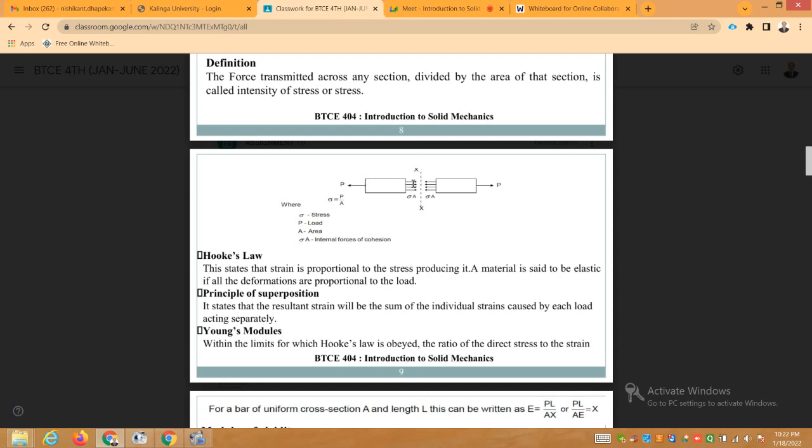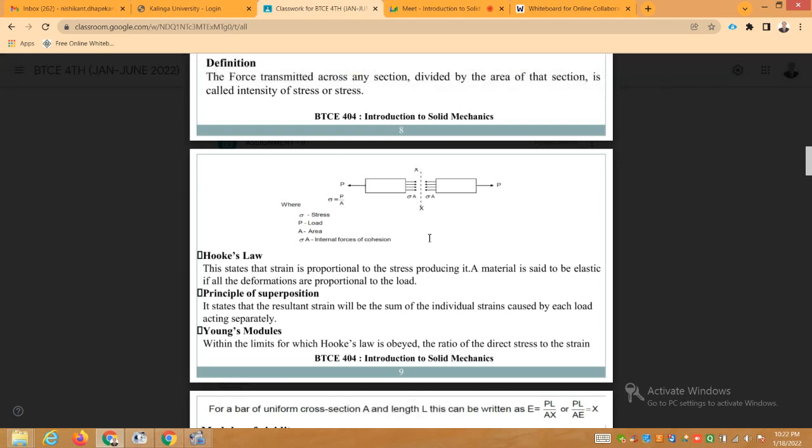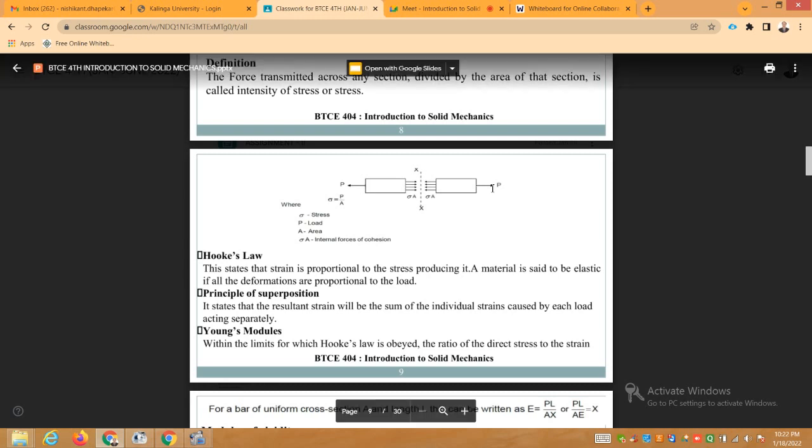If it is rectangular in section, area can be calculated as width into depth. So this is the diagram, or you can call it a free body diagram, showing the stresses developed because of this axial pull on this rod.